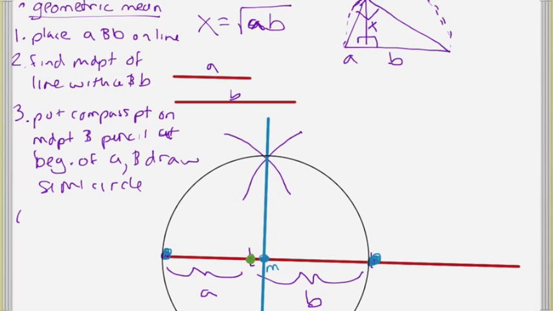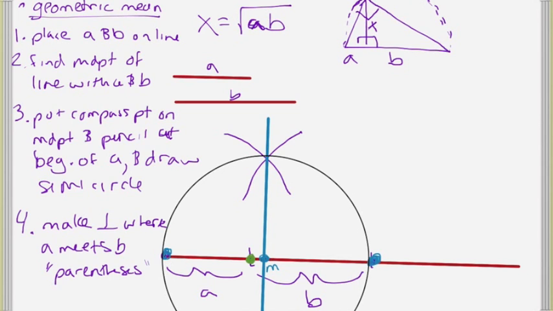So our last step is make perpendicular where A meets B, and this is our parentheses. So around that green point, make some parentheses.